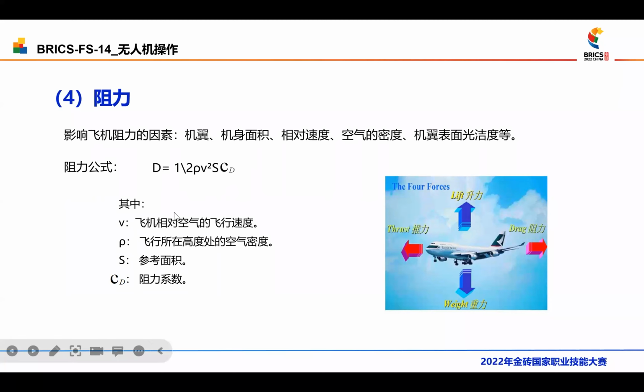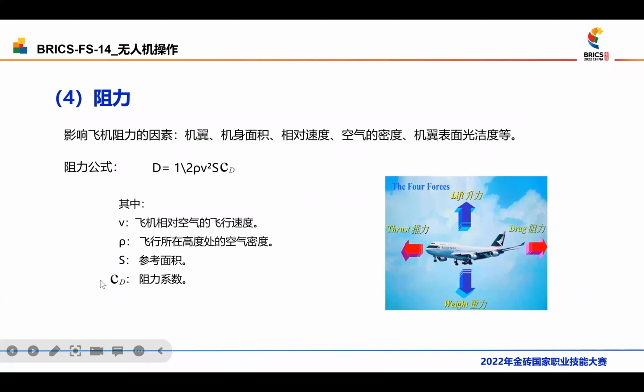Here is the resistance. Look at the formula, among which CD is the drag coefficient. V refers to the flight speed of the aircraft relative to the air. ρ refers to air density at the altitude of the flight.